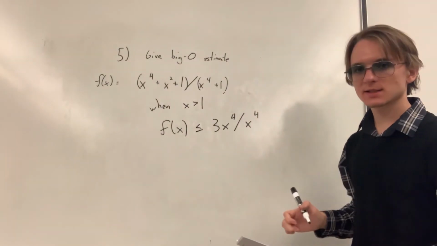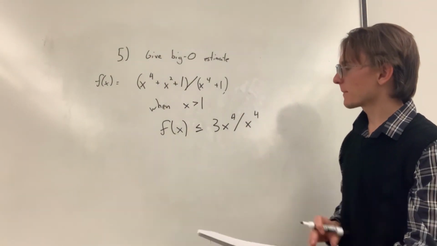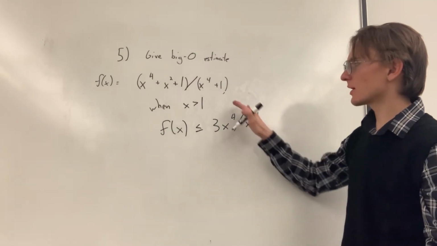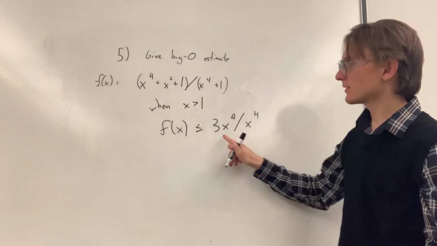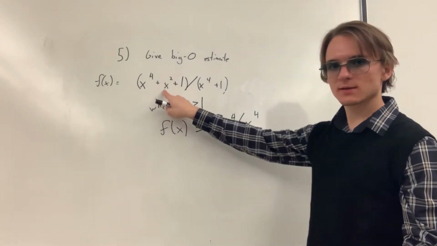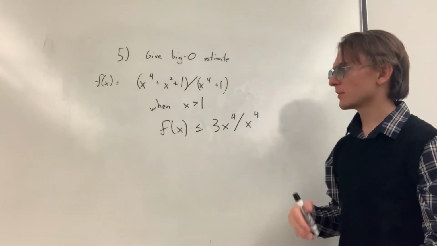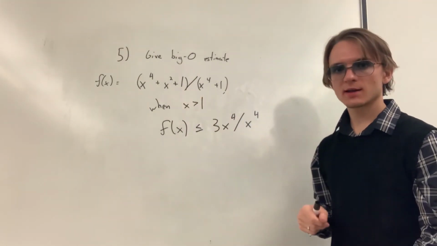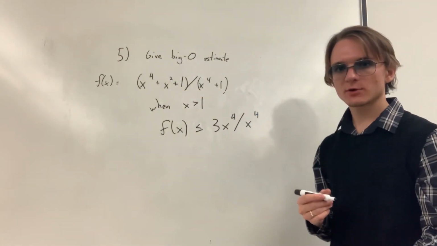We drop the constants, and we drop the constant here on the right, and on the left, we increase the growth rate of x squared to make it x to the power of 4. We increase the growth rate of 1 and make it x to the power of 4 as well.